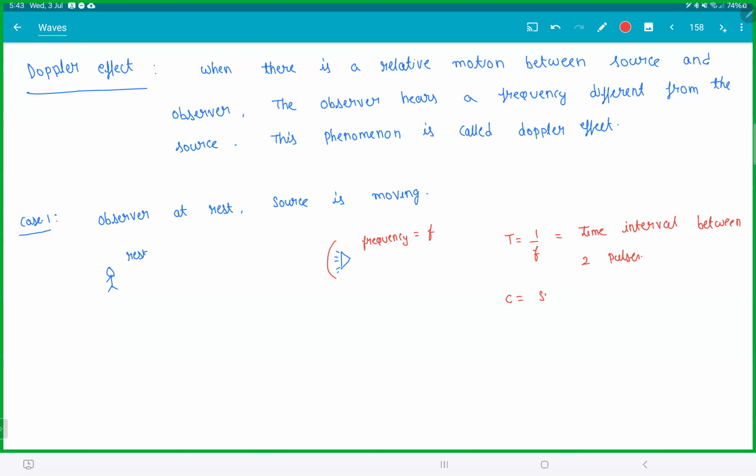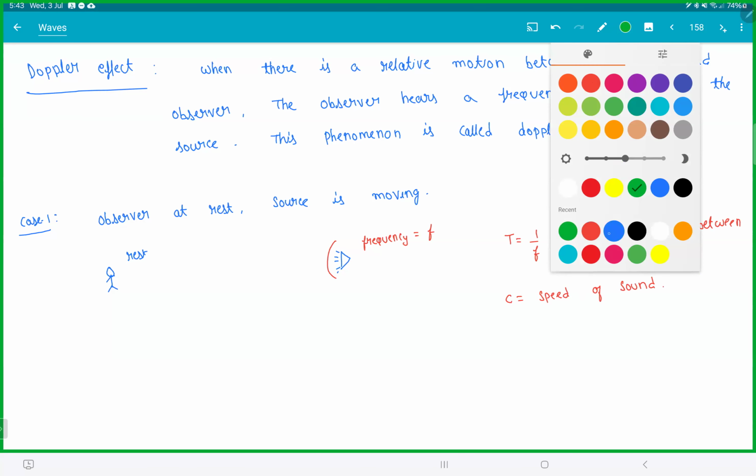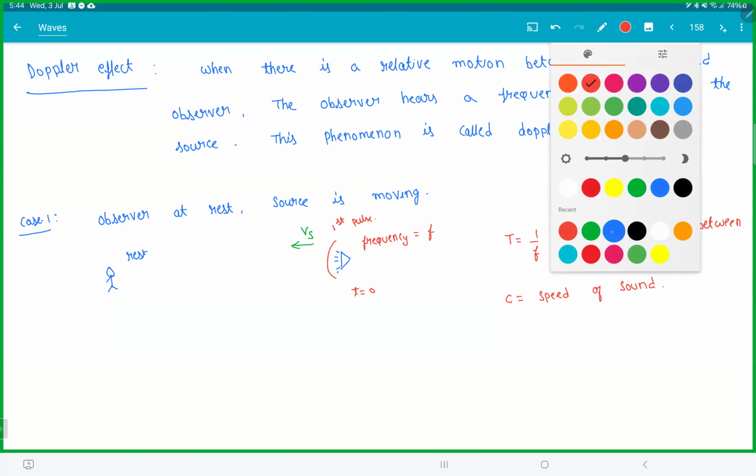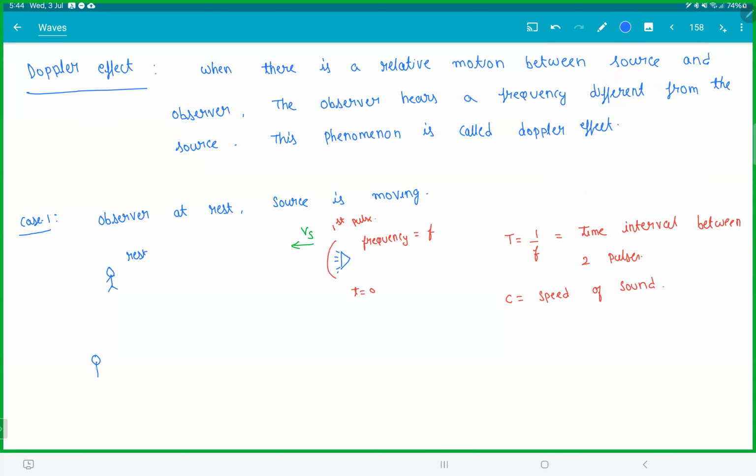C is the speed of sound. And let this guy go with the speed V source. So this is the scenario at t equal to 0. The first sound pulse was released. This was your first pulse. Now, after time T, the man is still here.